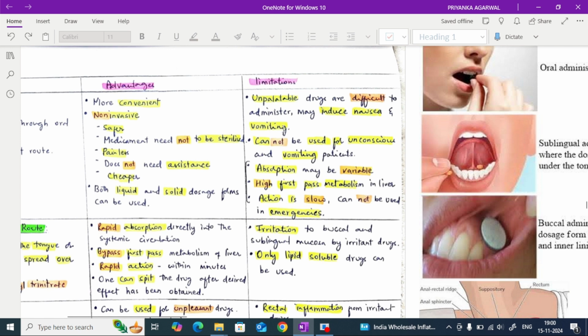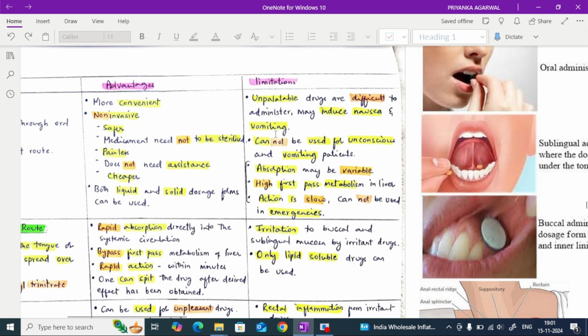What will be the limitations? To understand and remember these limitations, you first have to think from the drug point of view. If the drug is unpalatable, meaning it does not taste good, it will be difficult to administer and it can also induce nausea and vomiting. I am 100% sure every one of us might have experienced nausea and vomiting while taking a drug via the oral route, right?